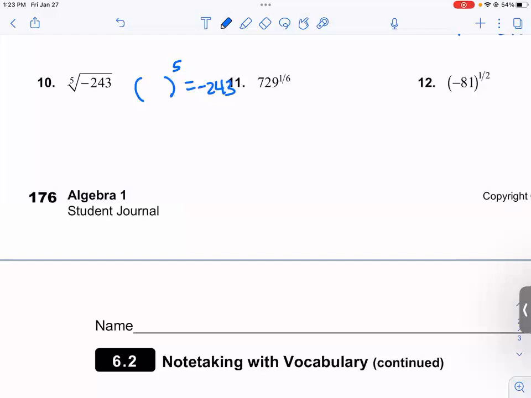If you test 3 to the 5th power, it gives you 243. So this is -3. In number 11, this means the 6th root of 729.